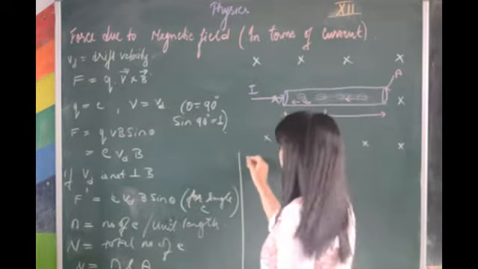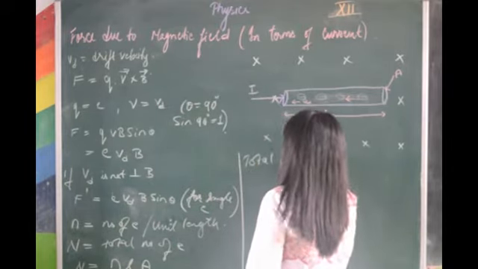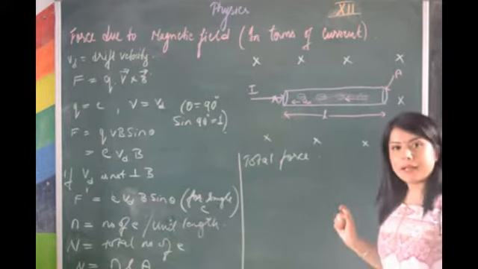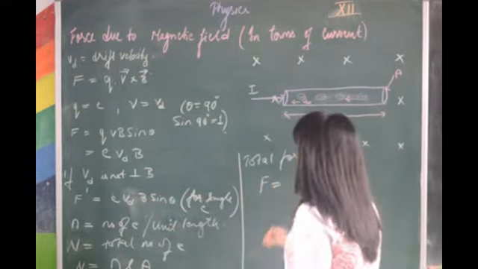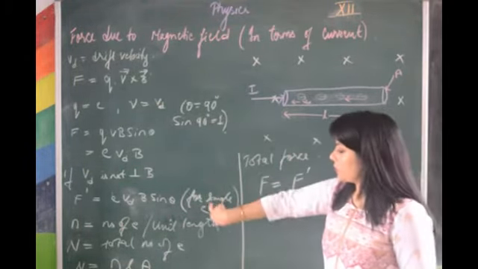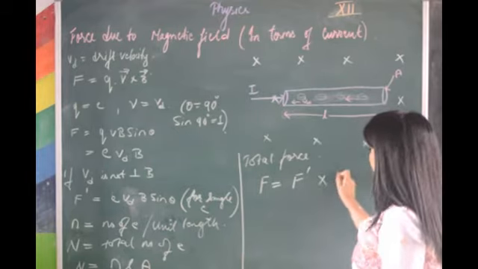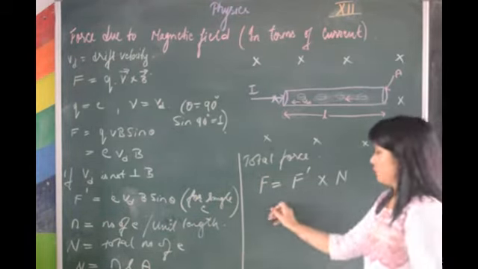Now ultimately we can calculate the total force exerted by the magnetic field on this charge. So total force F is equal to the force on the single charge, that is F dash, multiplied by the total number of electrons. So this will give you the total force.